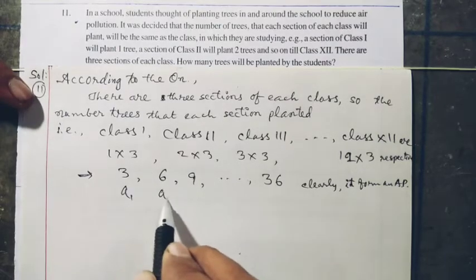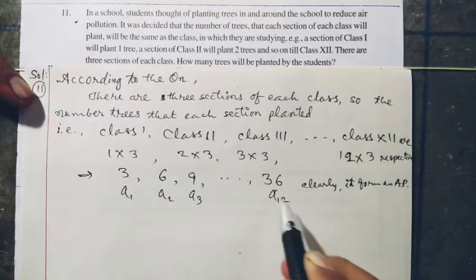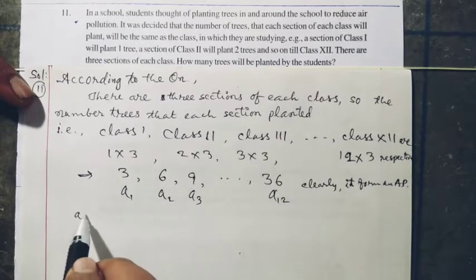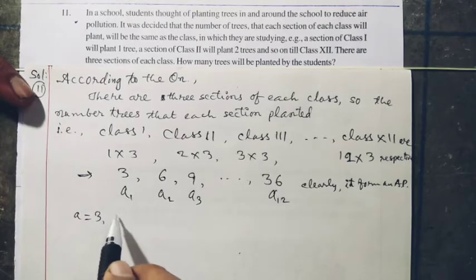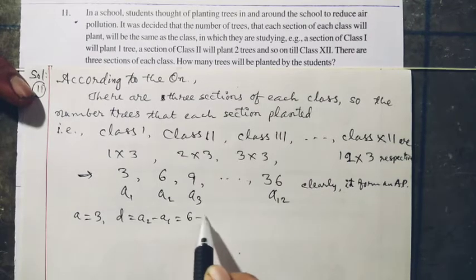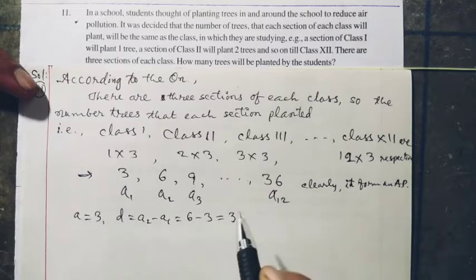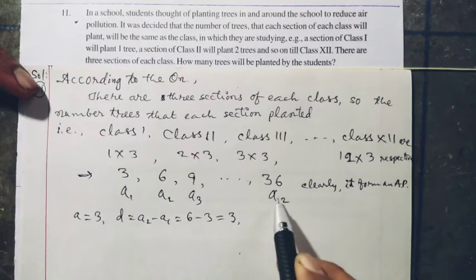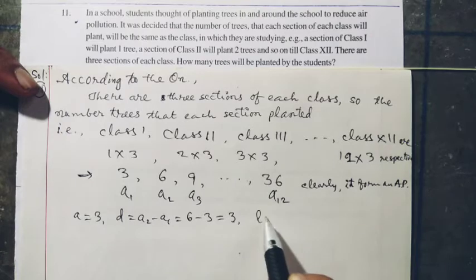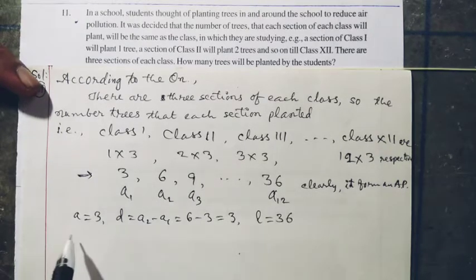So A1, A2, A3, up to A12. Here the first term A is equal to 3, D is equal to A2 minus A1, that is 6 minus 3, which is equal to 3. The last term L is equal to 36. So we can find S.